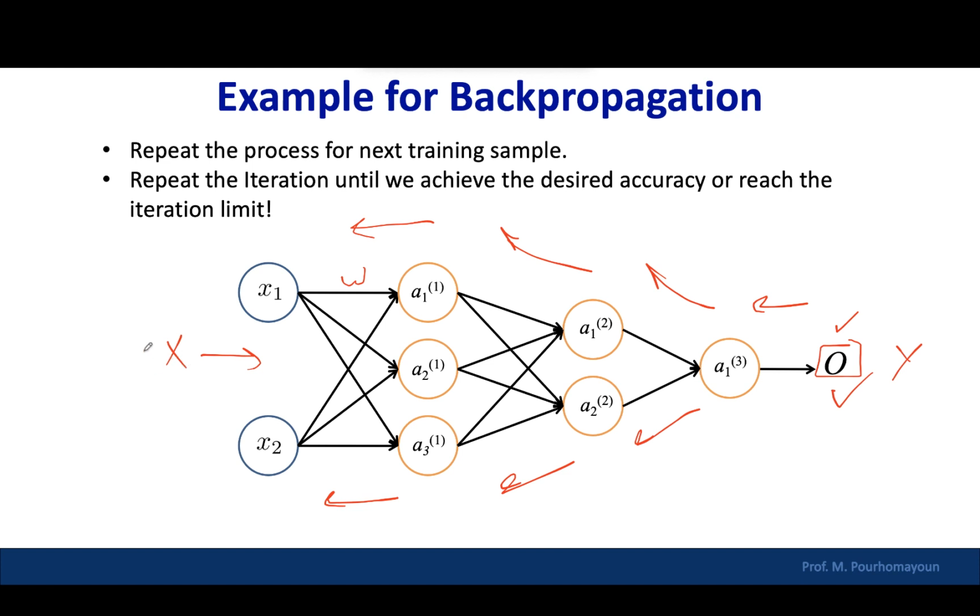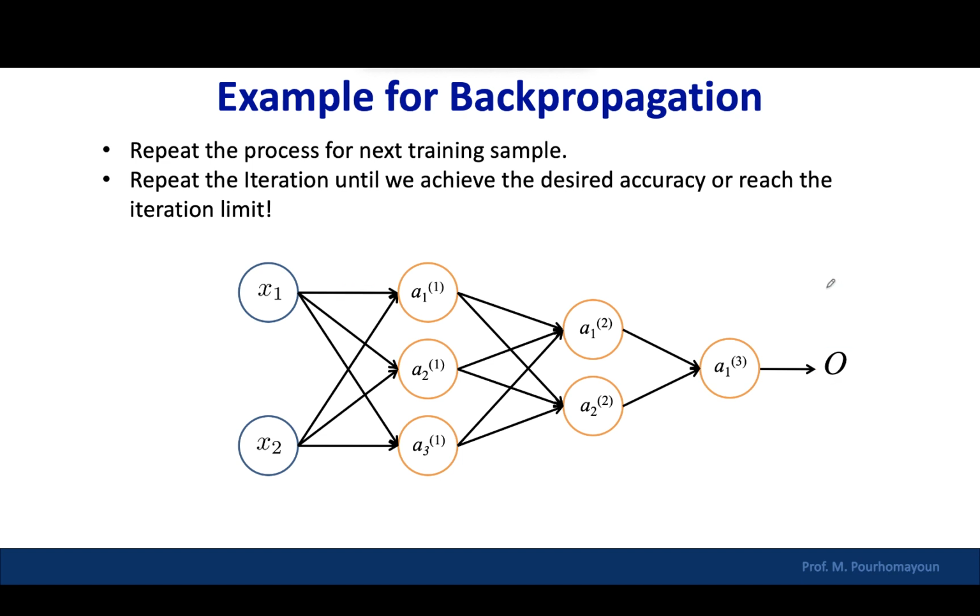And then next x, I provide next x to the network, do the same thing, and as we repeat that, and as we provide more and more training data to the network, these random weights will be more accurate, and my output prediction will be more accurate, and hopefully by the end of the training step, your output will be almost equal to your desired output.